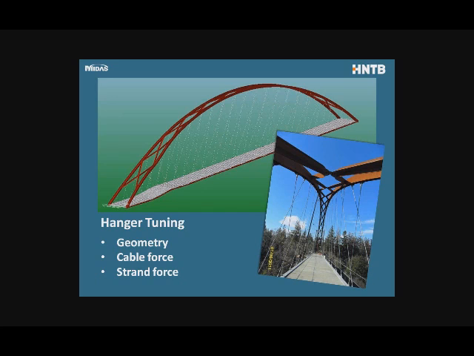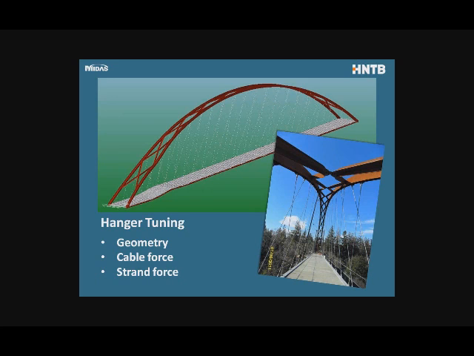By that stage, the system at least is linear because the concrete is placed and the cables are all highly loaded, so we don't have the sag effects anymore. So in principle, it's not that difficult. It ends up being an optimization problem.